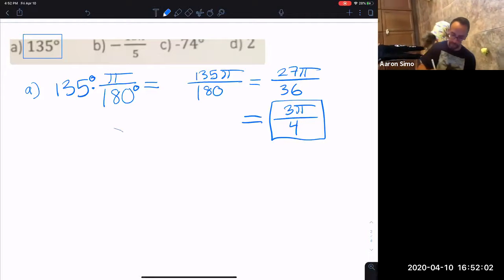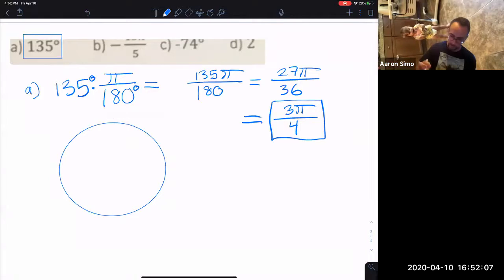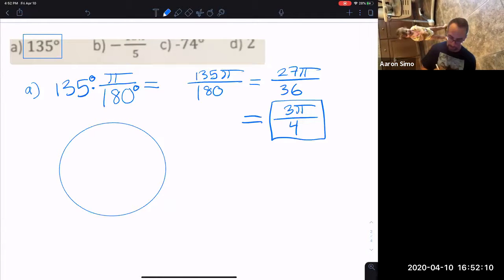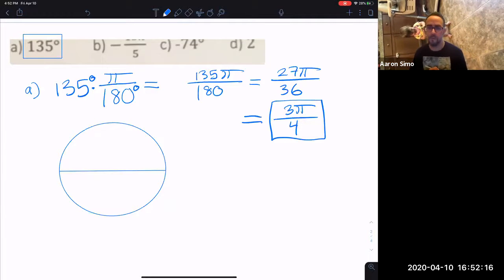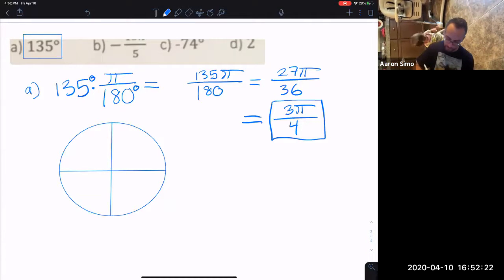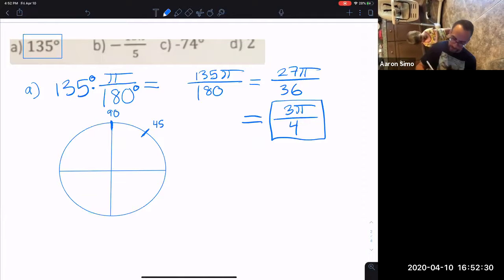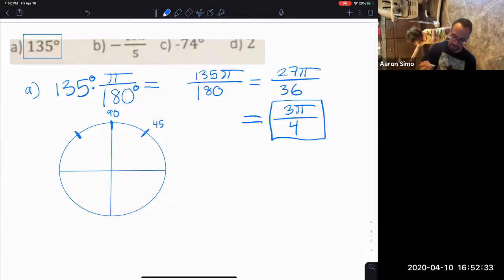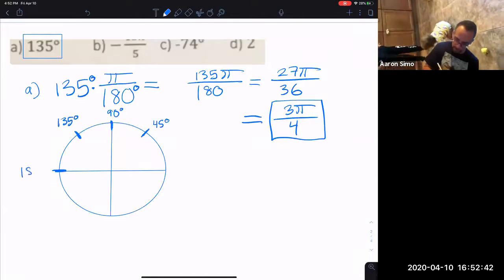The angle 135. So if you look at a circle, shoot, this is an ellipse. All right. So if you look, watch. I want to teach you how to count. Now, what is 135? It seems to be maybe a 45-degree angle. Let's think about 45-degree angles for a second. That's 45. So you got to be a little bit familiar with the circle of trigs. That's 90. What's this? That's 135, right? And what is this? 180.